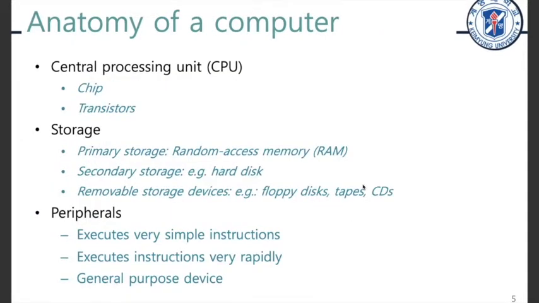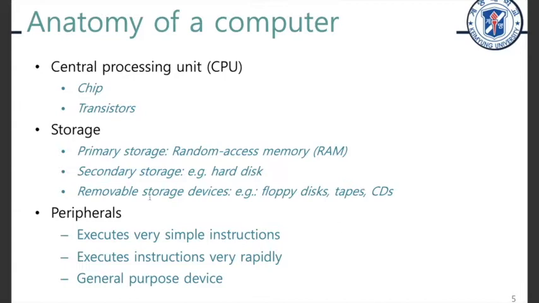So basically, the computer components can be categorized into three categories. The first is CPU, or the central processing unit, which is made of some chips and transistors. And the second category is storage, which has primary storage, secondary storage, and removable storage.